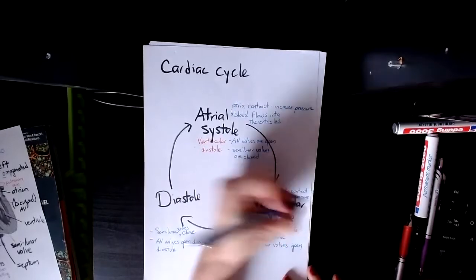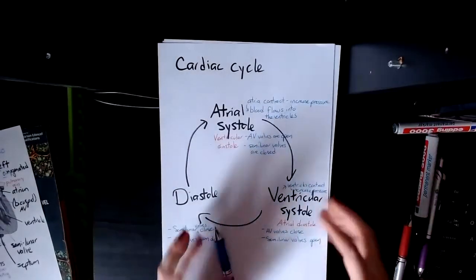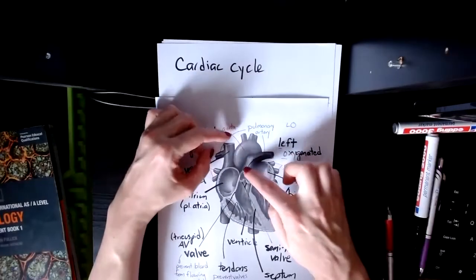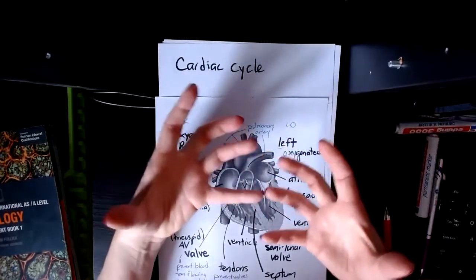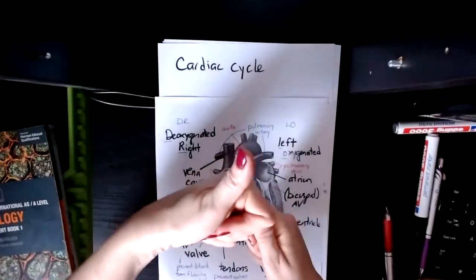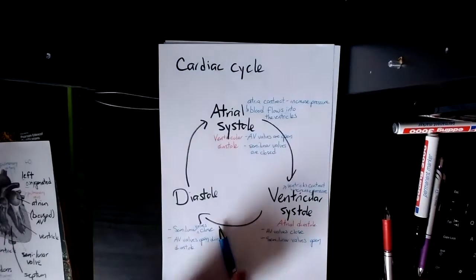That presses the blood into the arteries, so the blood pressure in the aorta and the pulmonary artery also increases, because you're squeezing the ventricles and forcing blood into those arteries.